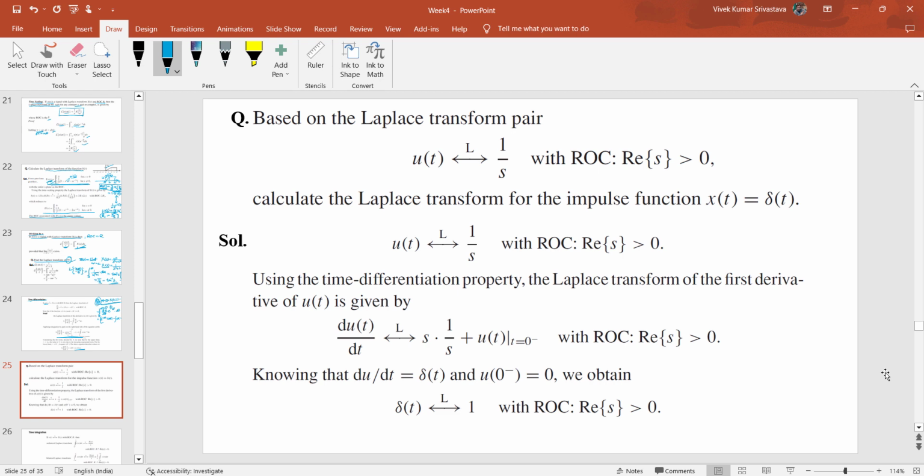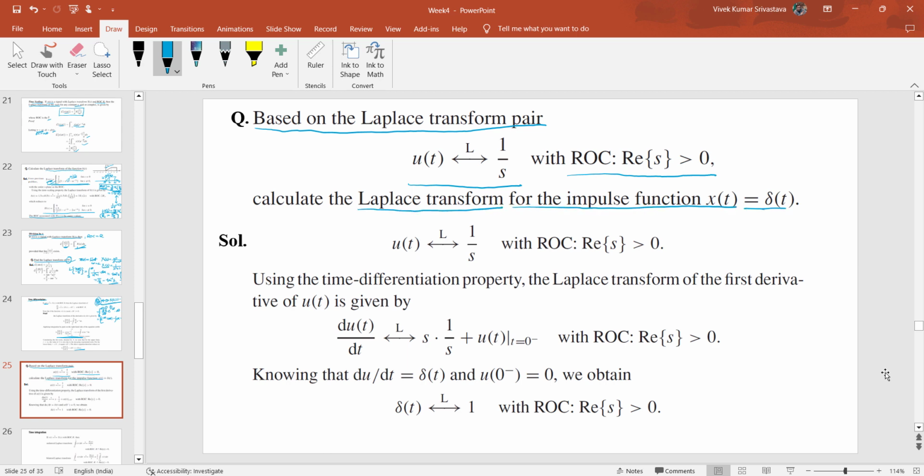Okay, so here u(t) is given to us, and we know that corresponding to u(t), that is the unit step function, the Laplace transform is defined as 1 over s, and here the region of convergence will be real part of s greater than 0. So now we have to evaluate the Laplace transform for the impulse function.